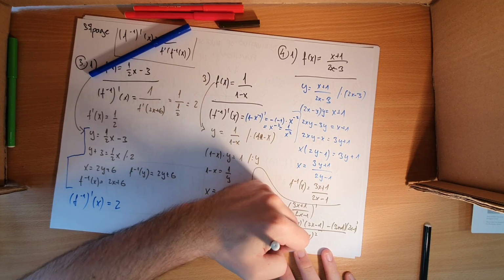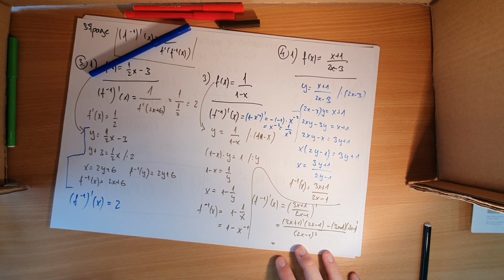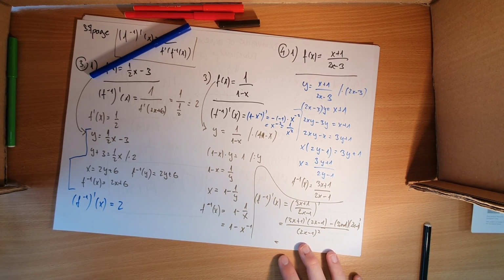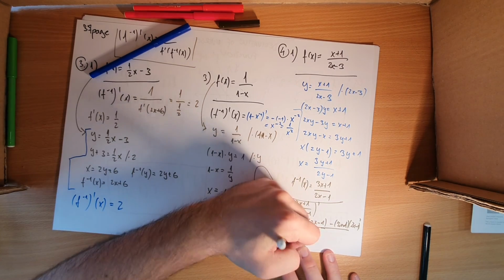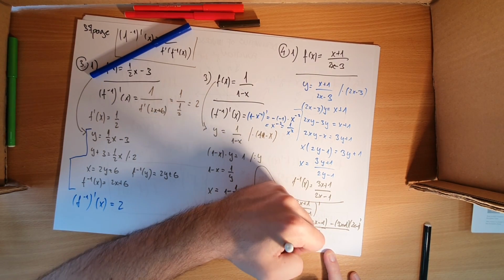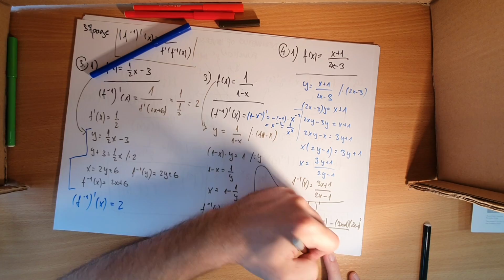In the end, when you solve all of this, you should get that the derivative of the inverse function is minus 5 over 2x minus 1 squared.